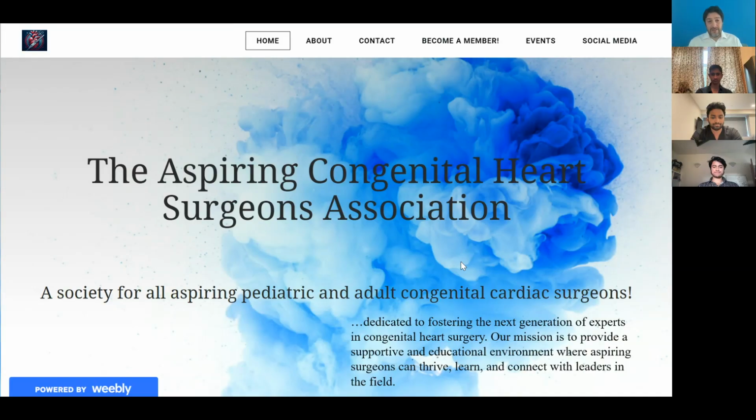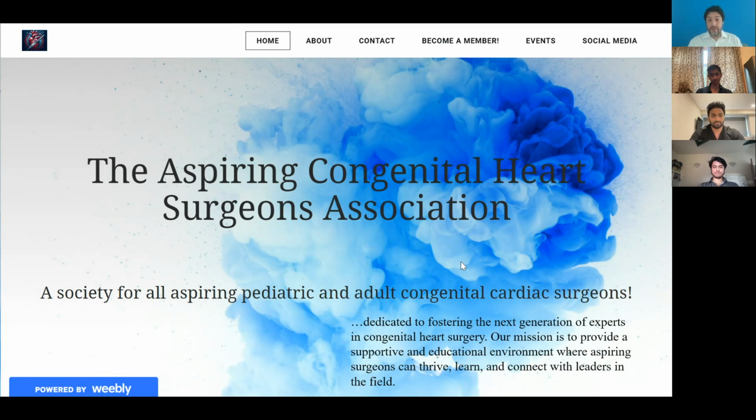So I think it's very important for you to have these environments to discuss, to talk, to think about the future, because the field is changing very fast, and there are a lot of challenges coming, especially for us as cardiac surgeons. The role of percutaneous treatments is becoming more important every day.